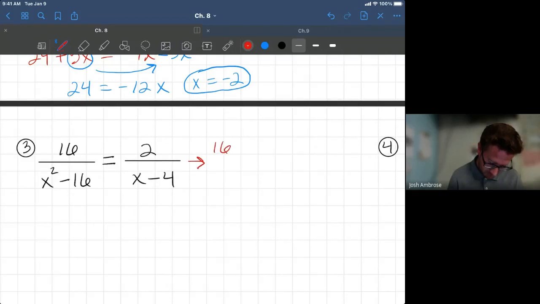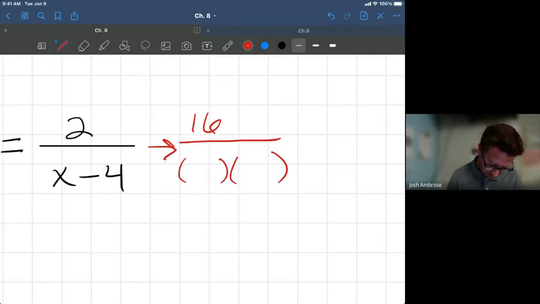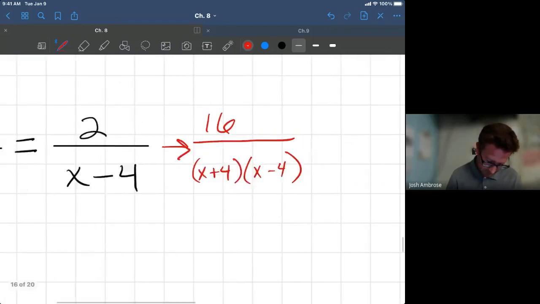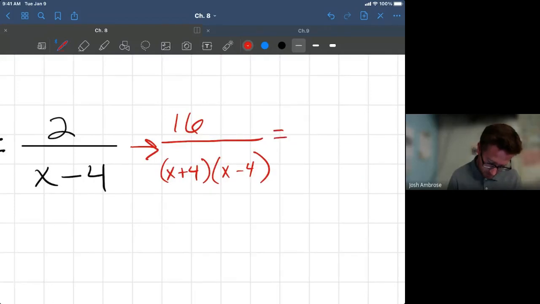So we're going to look at 16 over x plus 4, x minus 4, and that's equal to 2 over x minus 4.